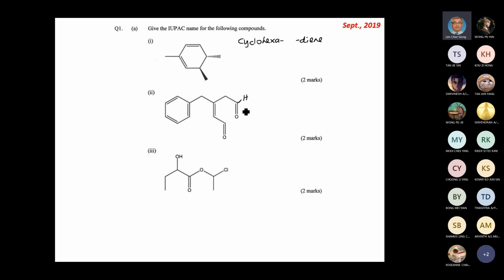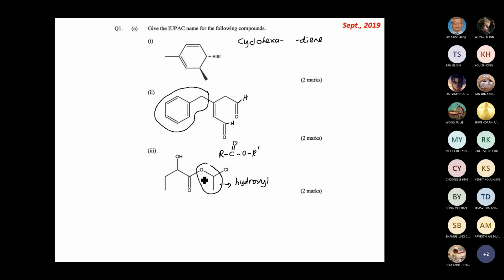I put an H here, then circle this one. Then here they give you the chemical structure RCOOR. This one refers to the hydroxyl part, and this one refers to the carboxylic part. I gave hints already. I wish that you can answer it.